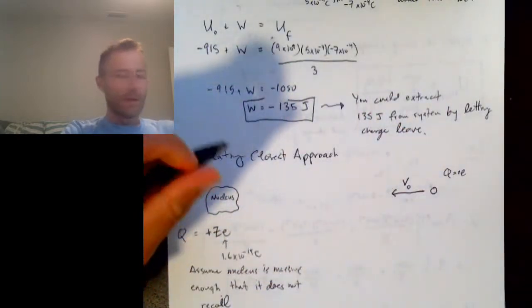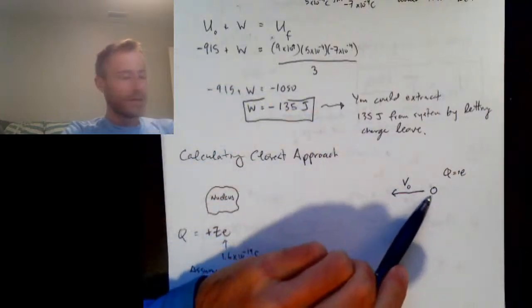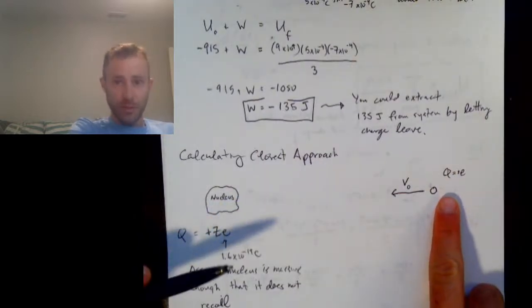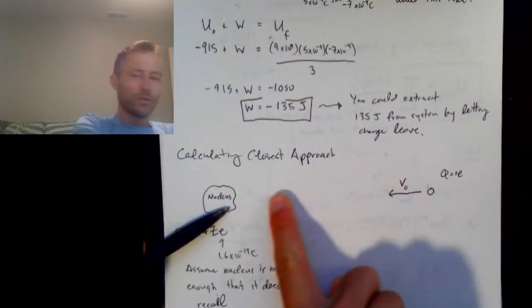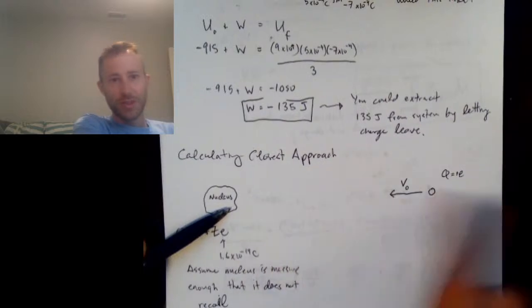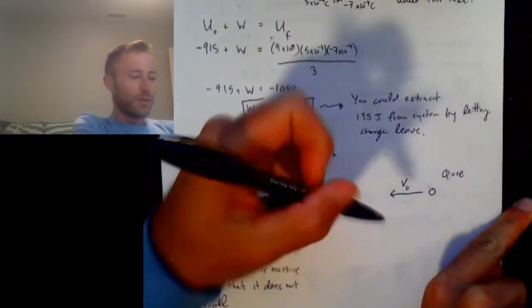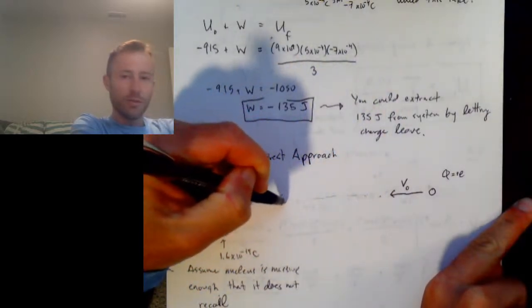Now what's going to happen is that as this charge approaches, because these are two like charges, there's electrical repulsion between the two. And so this charge is going to slow, and eventually it's going to come to a stop, and it's going to be sent back in the direction that it came from. So it's going to approach and get some distance away.